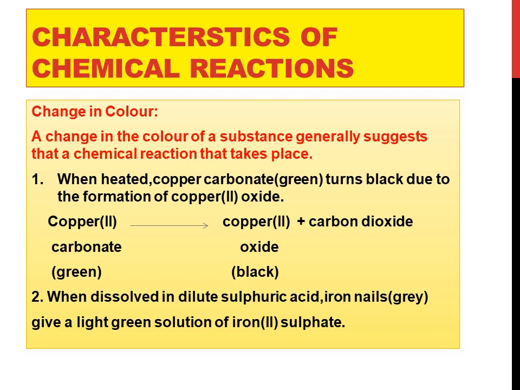Similarly, when iron nails, which are grey in color, are dissolved in dilute sulfuric acid, they give a light green solution of iron sulfate. The color has changed from grey to light green, which means it has reacted, and that is why we can say that a chemical reaction has occurred.